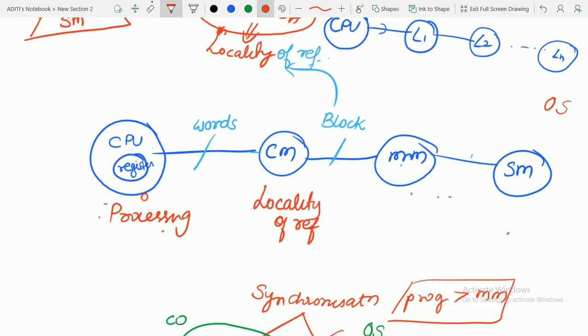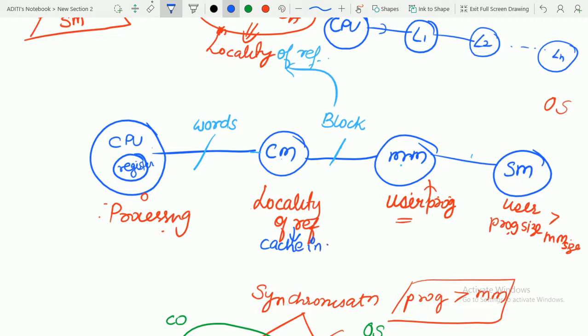In main memory there is the user program, and in secondary memory there is also the user program. When the user program is much greater than the main memory size, it comes to the secondary memory. For locality of reference, the address is known as the cache index.